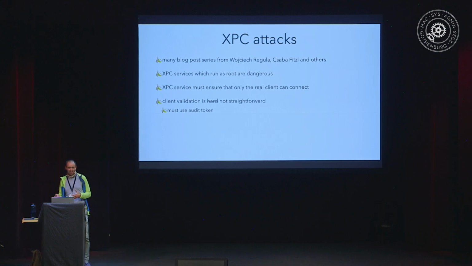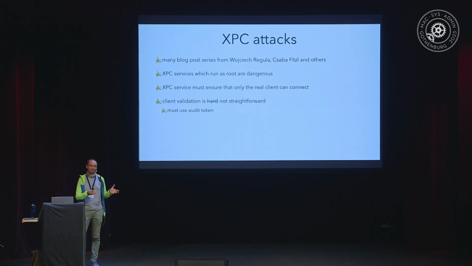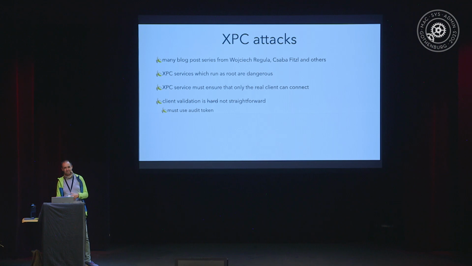Thank you, Apple. As of Big Sur and Monterey, they introduced 2 new APIs for XPC, which use audit token behind the scenes. So those should be fine. But again, there is no documentation.